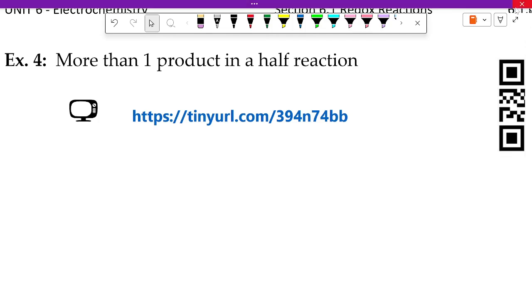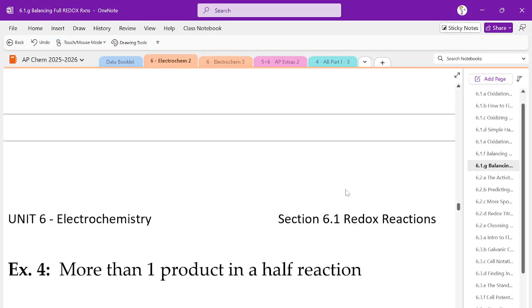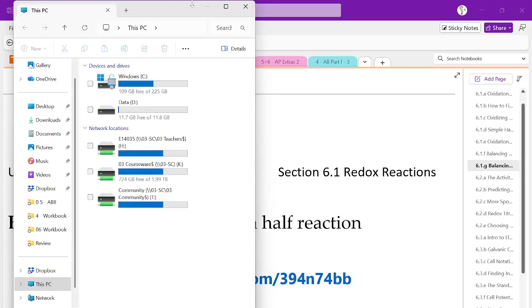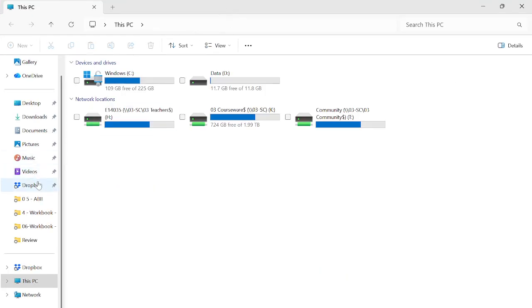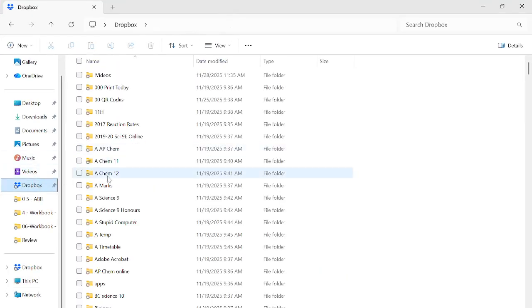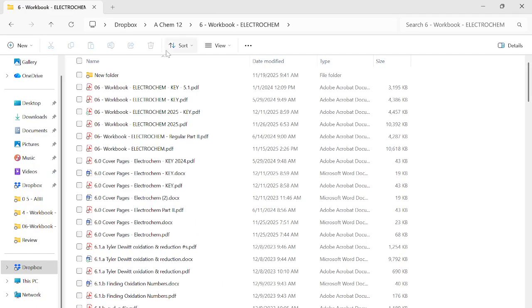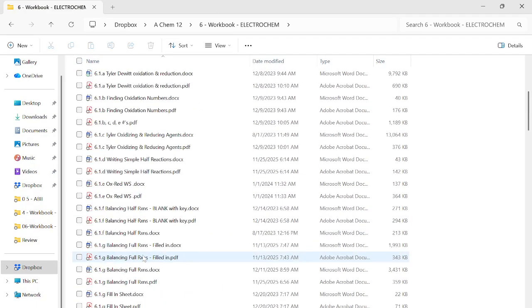So let us go, and this is 6.1G? Okay, let's go find 6.1G. We'll write it down. Java, Chem 12, Electrochem, 6.1G.